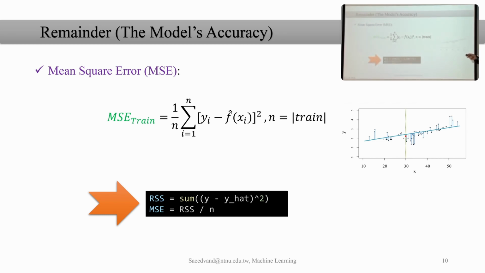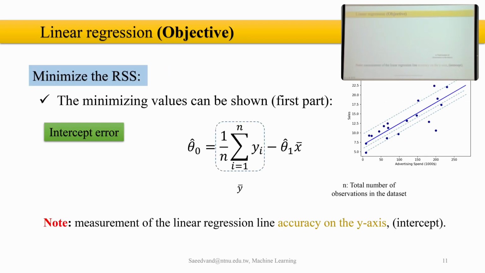So now we know MSE and we know the RSS definition, and both are used for understanding how accurately my model can predict the data that I have, so that we can improve it. How can this happen? Let's discuss it. We want to minimize the residual sum of squares.